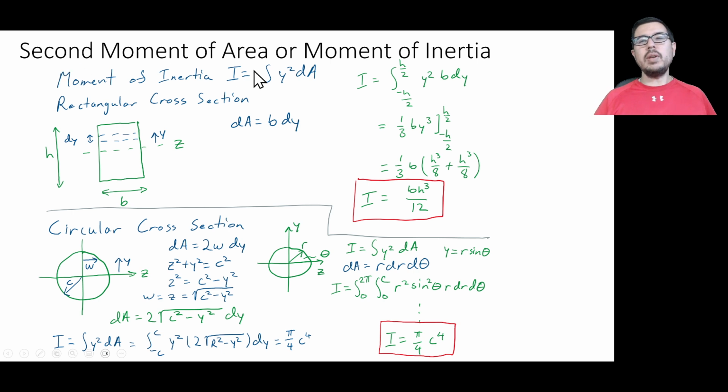One thing you might be questioning is, why haven't I called this moment of inertia? Because it said second moment of area, or second moment of inertia, if you like, or moment of inertia. Well, inertia is often used with mass. The quintessential example is F equals ma if you're dealing with linear motion, and so m is an inertia. Well, in these cases, we're actually performing this calculation on the dA.